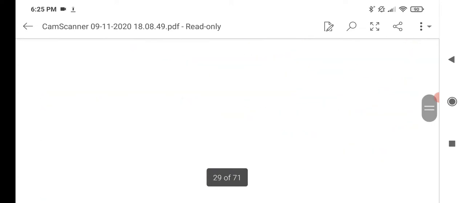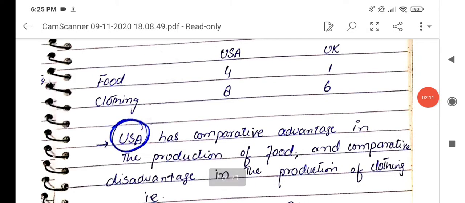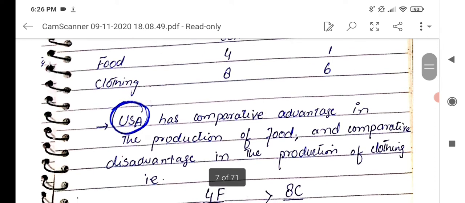For example, suppose the USA can make 4 units of food and 8 units of clothing, and the UK can make 1 and 6. As we can see, the USA has absolute advantage in both commodities, food and clothing. The USA has comparative advantage in the production of food and comparative disadvantage in the production of clothing.